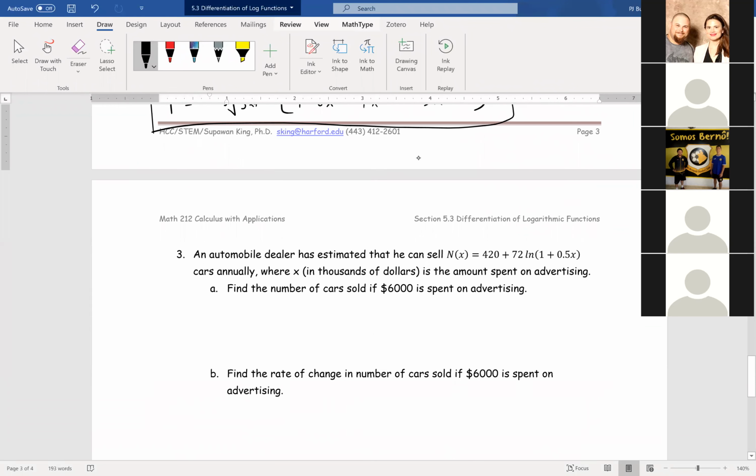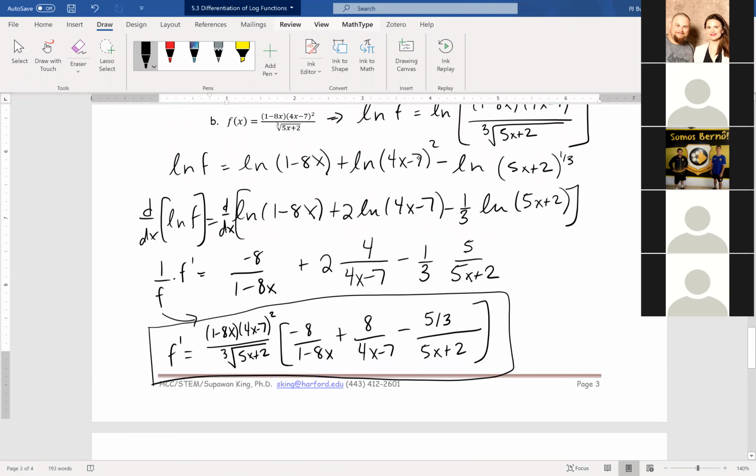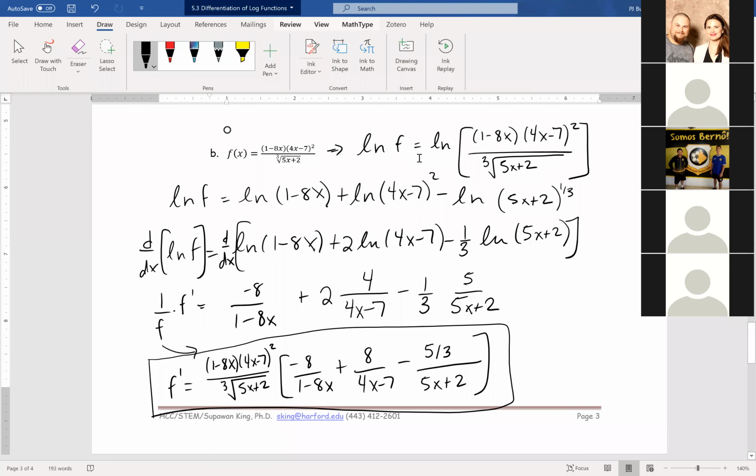Wait, I have a question. Why did you put the original function in front of all of that? So when you take the derivative of natural log of f, remember that's when you do that implicitly, you get the derivative of natural log, which is 1 over f.